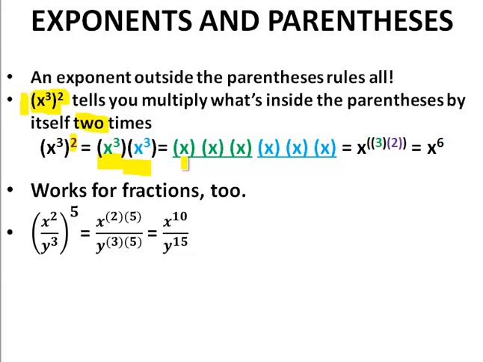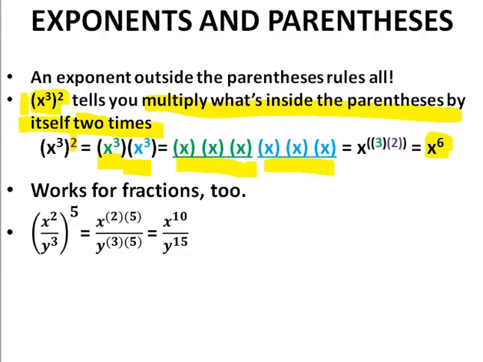And since it's x to the third times x to the third, now how many do I have? I have 6 altogether. And that's why here you multiply what's inside the parentheses by itself 2 times.